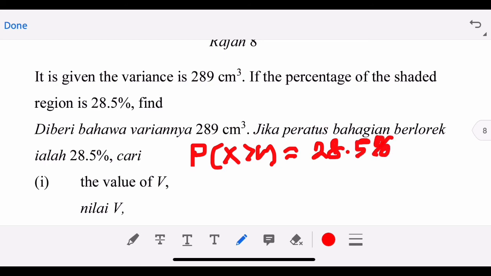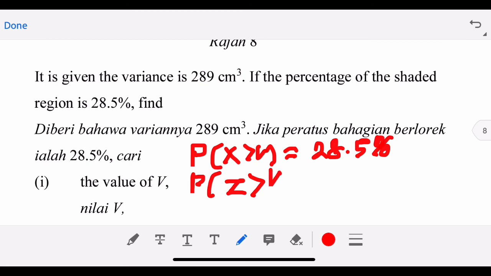So whenever you do the normal distribution, you always start from the x, alright? From the x, convert to z. From the z, then only you can find the probability value or find the z-score from the distribution table.